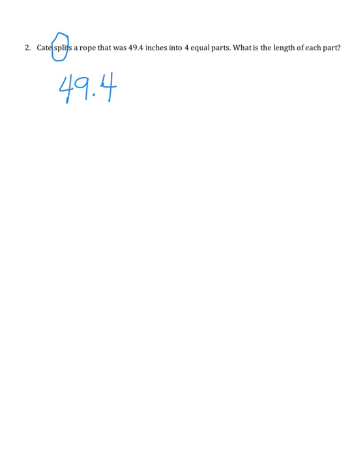Because the 49 and 4/10 is what is being divided, that is our dividend. And by how much, which is 4 equal parts, represents our divisor. To divide, we place our divisor on the outside, we place our dividend on the inside, and bring the decimal point straight up. We see that our divisor is already a whole number, so we can continue as we are.